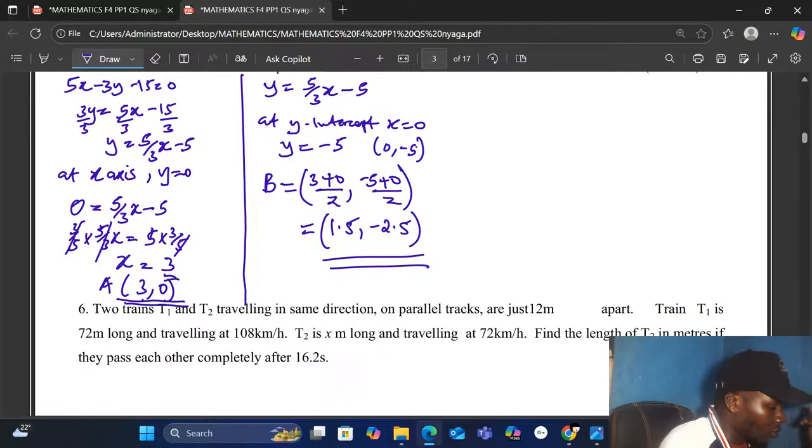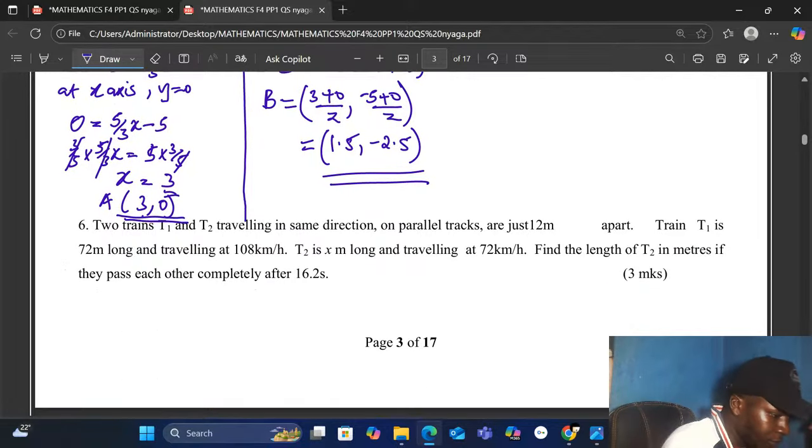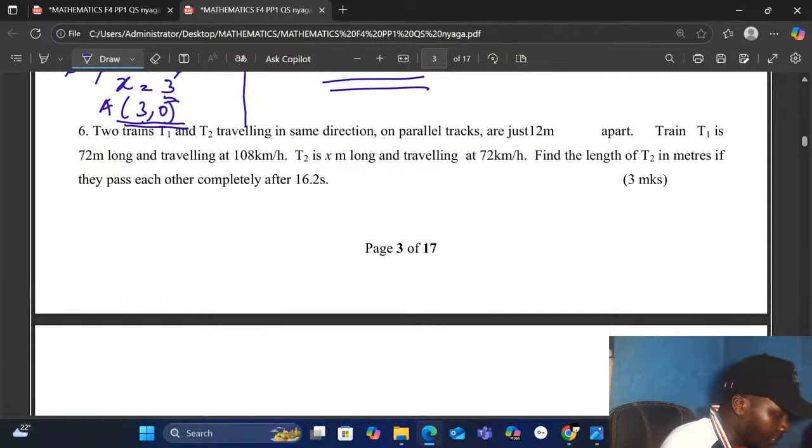That is how we handle that question. Then we move to the next one. Question number 6. Two trains, T1 and T2, traveling in the same direction on parallel tracks are just 12 meters apart. Train T1 is 72 meters long and traveling at 108 kilometers per hour.